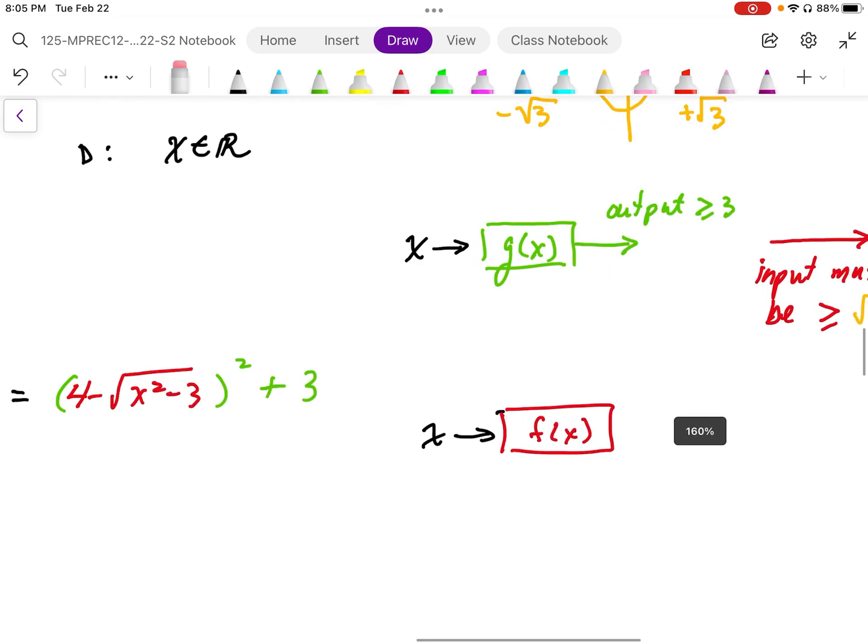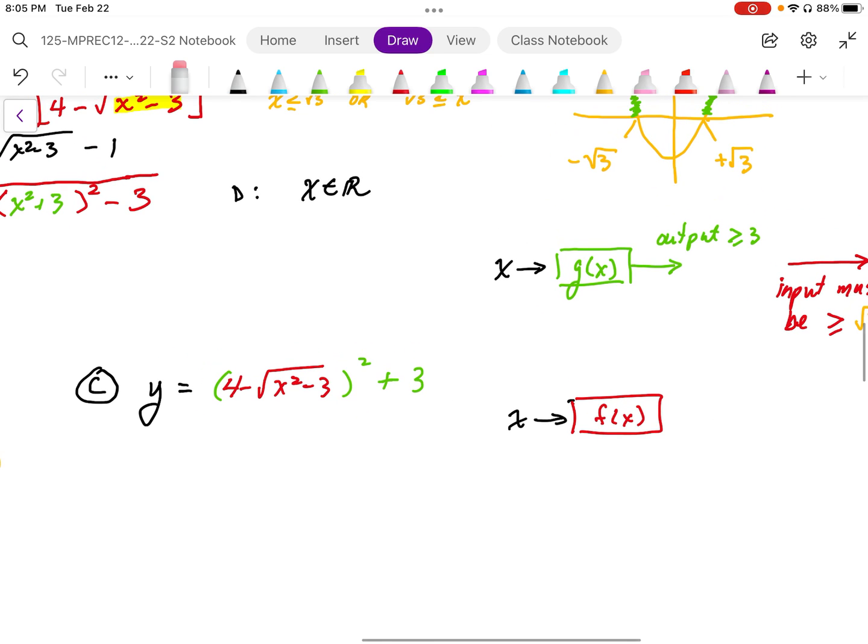So then we have a restriction on that function. Coming out of that function, we're going into the g function, there's no restriction. So anything that comes out can go into the g. So there's no restriction in this spot here. So the only restriction that we have is the original f of x.